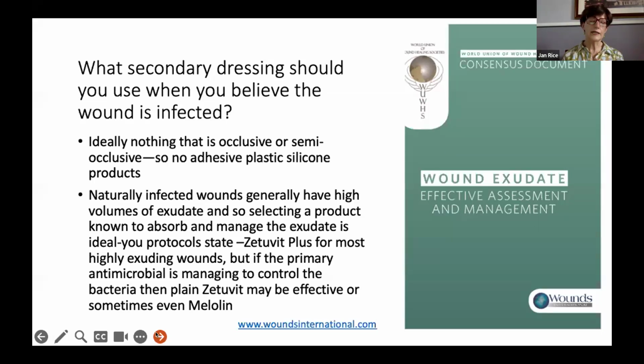So you have to fully understand the absorbency of your products, the way in which the fluid is locked away, and what happens to those microorganisms that are locked in that fluid. But definitely no plastic when you think a wound is infected.